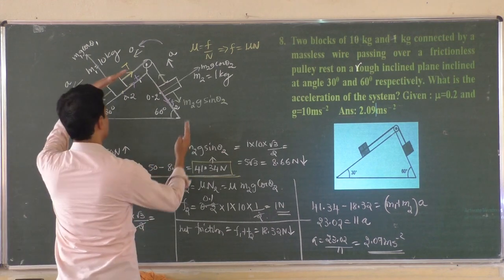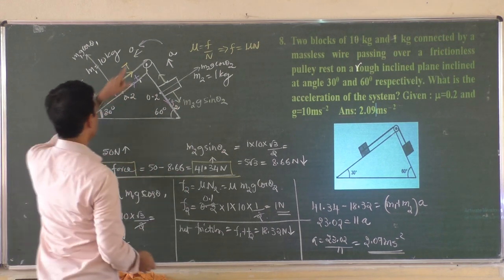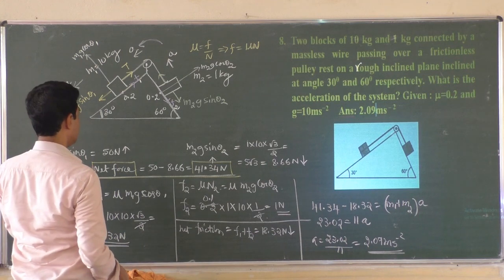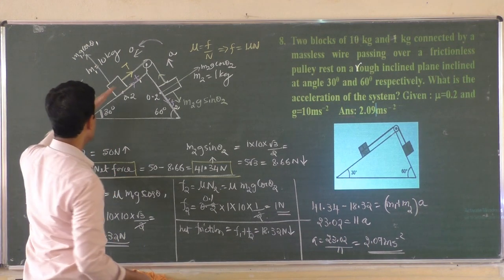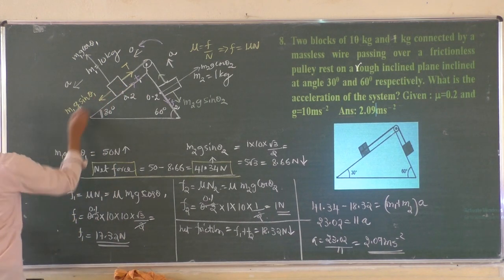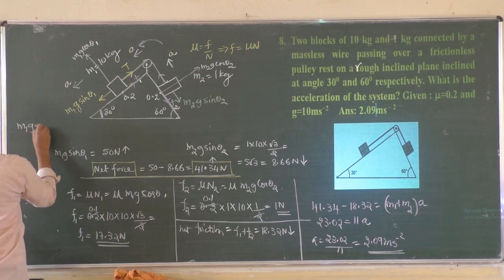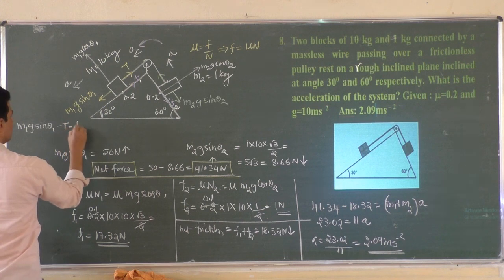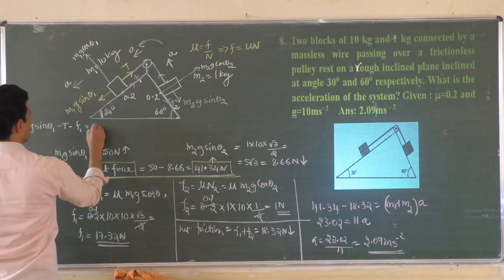After coming to know the direction of acceleration, you have to write two equations and then add them. For the first body, in the direction of acceleration: m1g sin theta 1 minus T minus friction f1 must be equal to m1a.